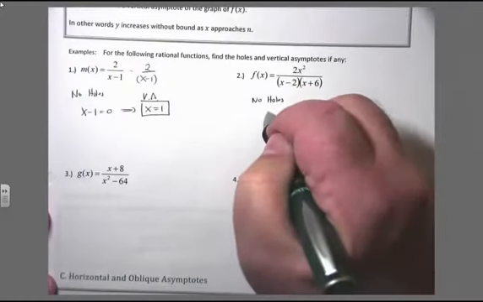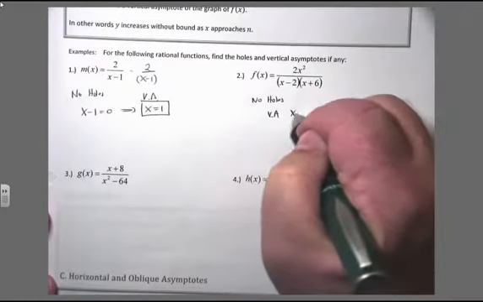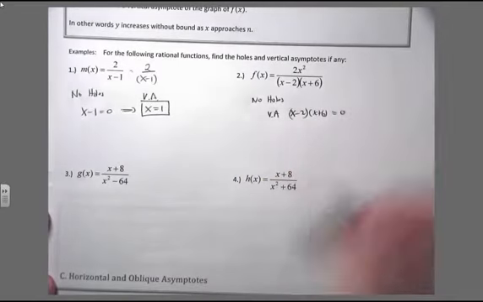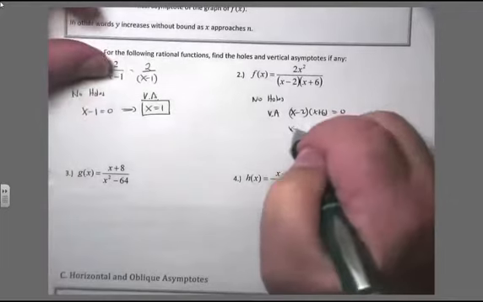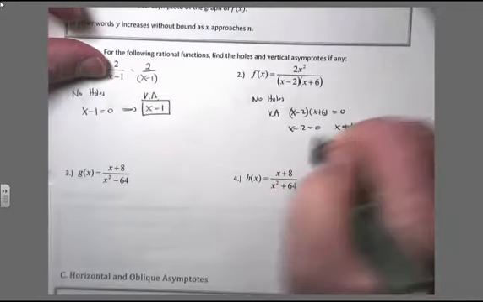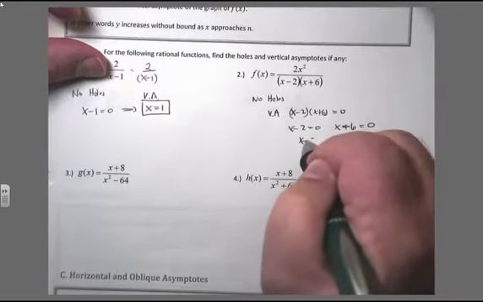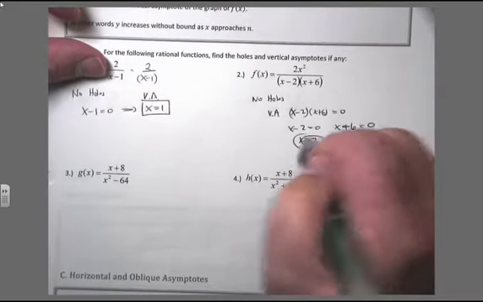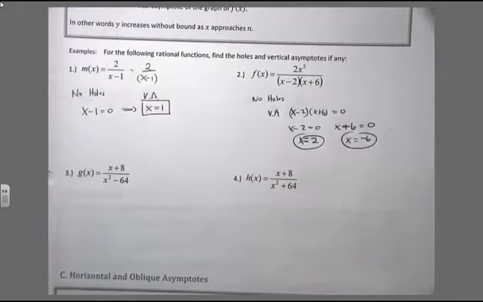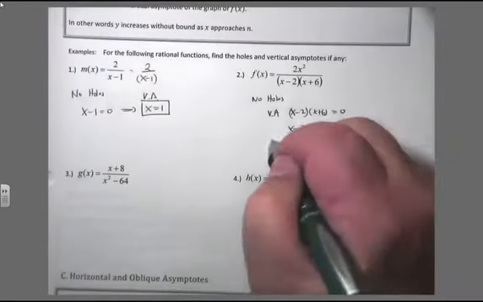However, the vertical asymptote, you just set the rest of the denominator, x minus 2 times x plus 6, equal to 0. Set each factor equal to 0 and you solve. x equals 2 and x equals negative 6. Subtract 6 from both sides and just add 2 to both sides there. This one has 2 vertical asymptotes.